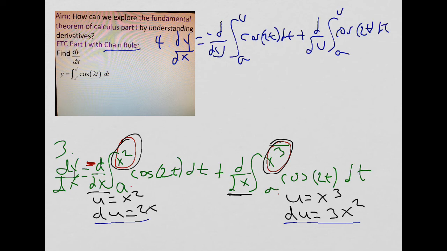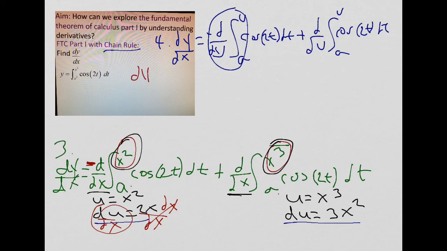Now, we need the du there in order to actually undo this part. But what's happening is if I'm just replacing dx with du, I'm going to come down over here. Du over dx is this. So I need to actually multiply 2x with this expression.